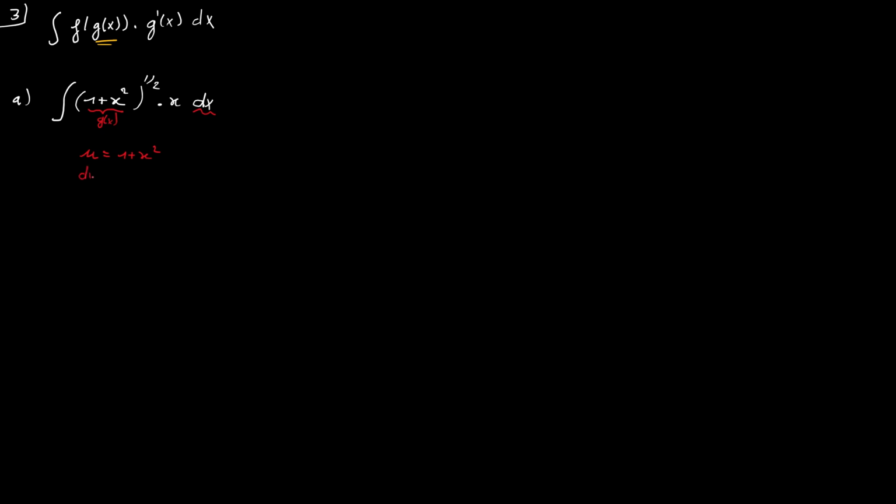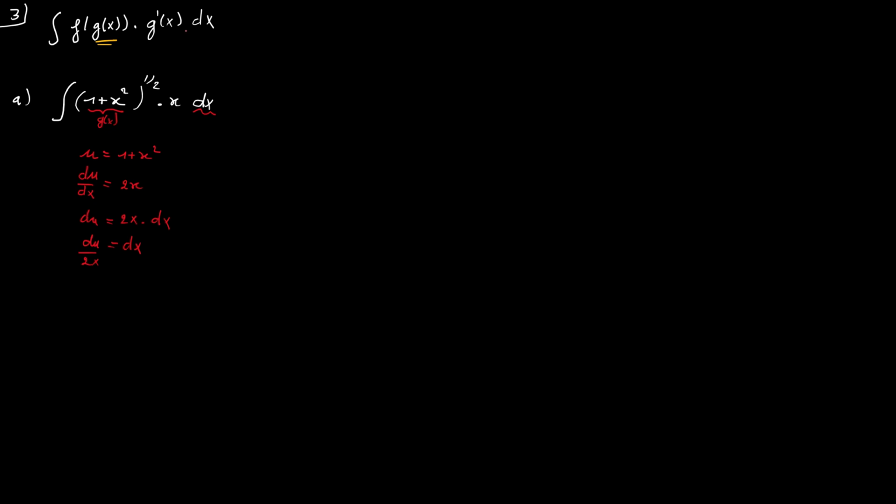We say du over dx, which is just the derivative of u, would be 2x. Agreed? So how could we express dx? That means du is equal to 2x times dx, bringing x to the other side, or in other words, du over 2x is equal to dx.